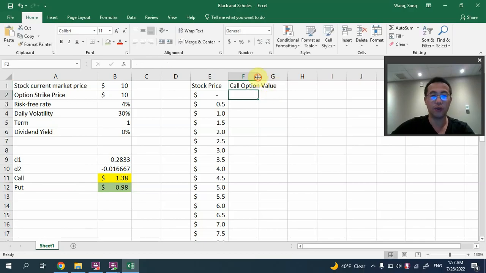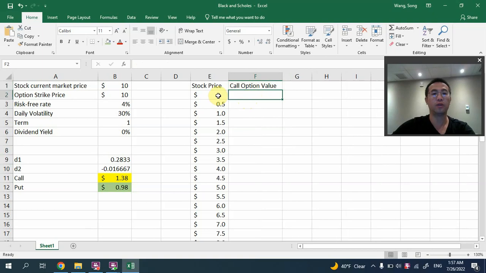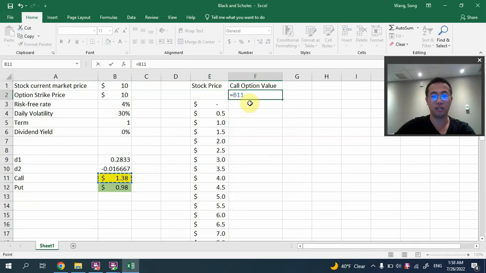All right, so what we do here is I'm going to use the data table function, and I'm going to replace each of the stock prices here into this cell and record what the call option value would be. Before I do that, I need to insert a benchmark row, and that basically needs me to put this call option value that is calculated based on the given data.